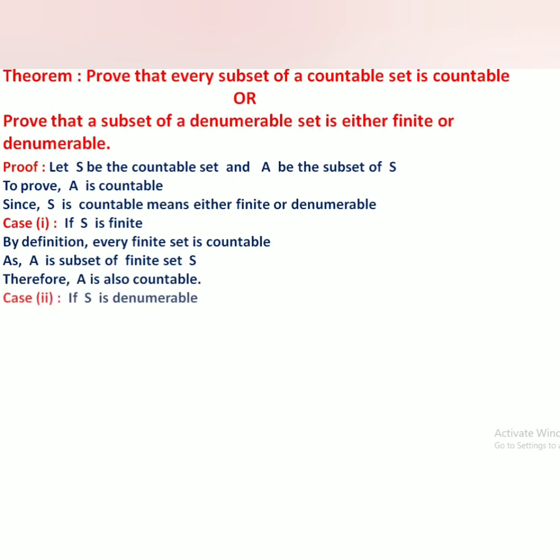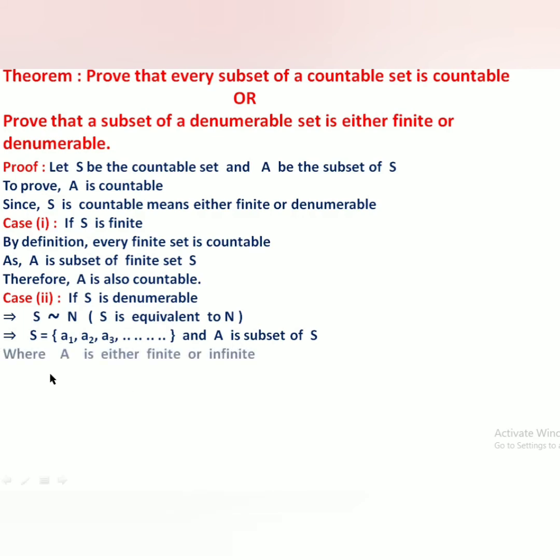Case 2, if S is denumerable, that means infinite, then immediately S is equivalent to N. If S is equivalent to N and S contains infinitely many elements a1, a2, a3 and so on, and A is a subset of this S, where A may be either finite or infinite. If A is finite, it is countable.